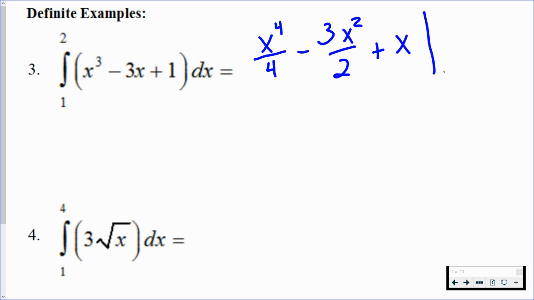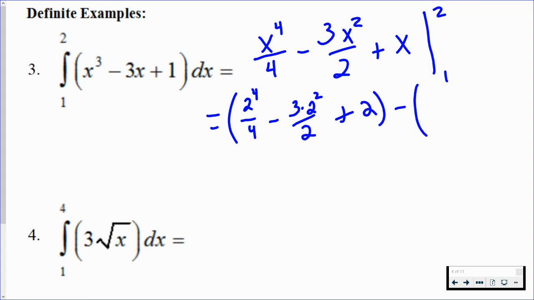And remember, we have this vertical bar that signifies, hey, we got to plug these things in. This is definite. So let's plug in 2 first. We got 2 to the fourth over 4 minus 3 times 2 squared over 2 plus 2, minus, plug in 1. We love when we have 1 because that's so easy. 1/4 minus 3/2 plus 1.